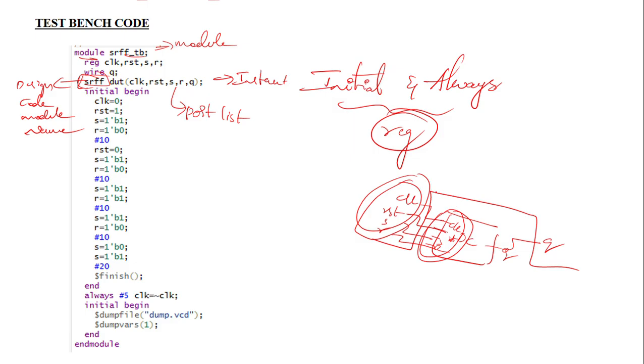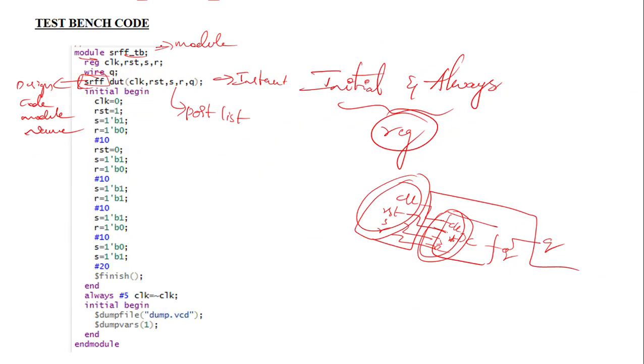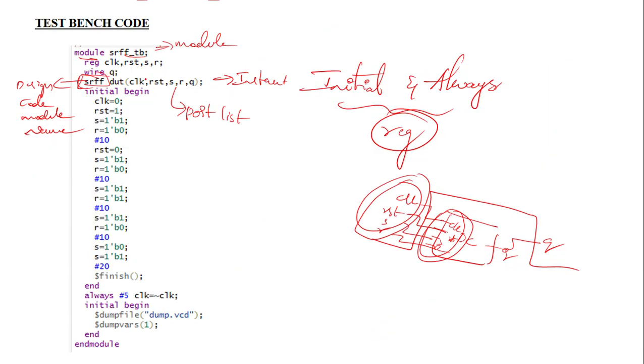How are we going to connect them? By using this port list, by order. Here we can observe the order of the ports: first clock, reset, S, R and Q. The same order is mentioned here also: clock, reset, S, R, Q. So the first variable, clock, should be connected to the first variable here.